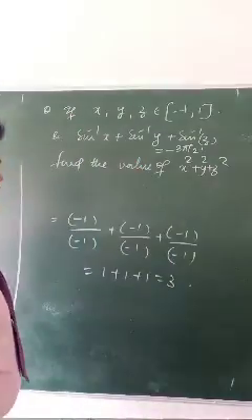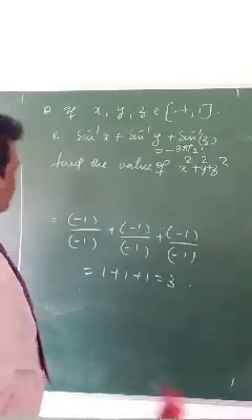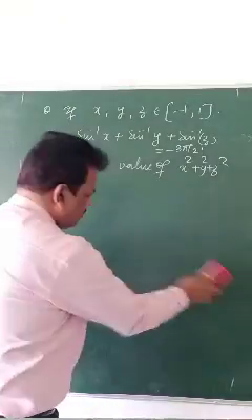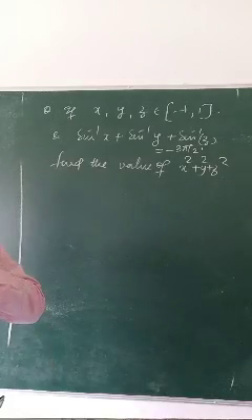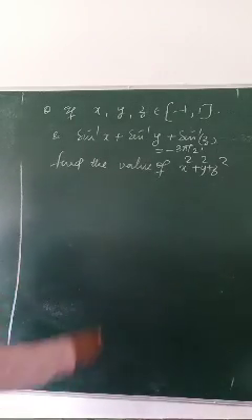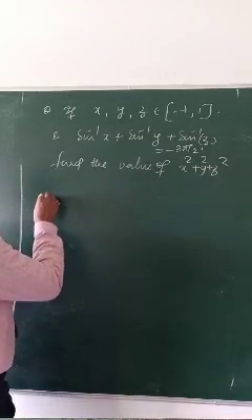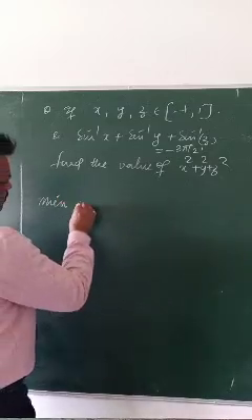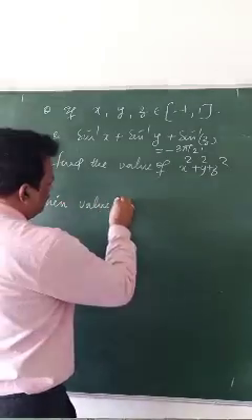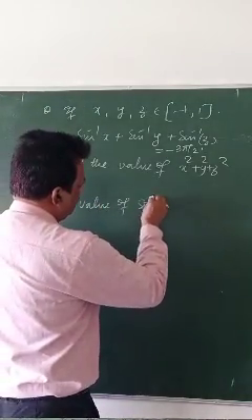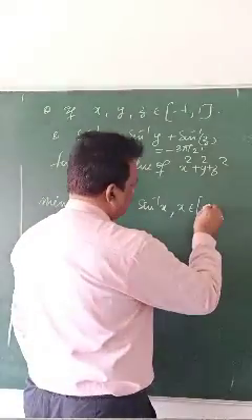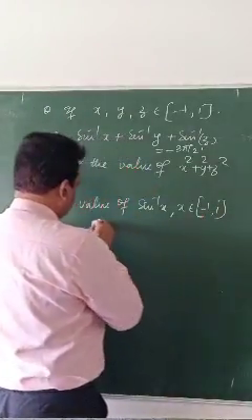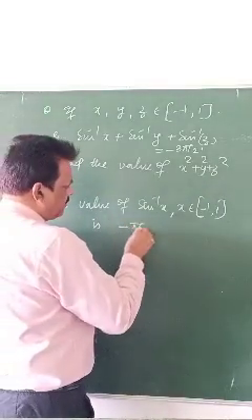Okay. Now look, how to start? I can write that the minimum value of sin inverse x, when x belongs to minus 1 to 1, is minus pi by 2.